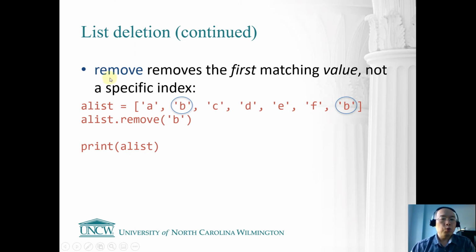If we do remove on a list or any list object, using dot remove, we are removing the first occurrence of that value. Say we are removing B and we know there are two B's. If you print, you will see the first B is deleted and the next B is still here. So for remove, we only remove the first occurrence of the matching value.